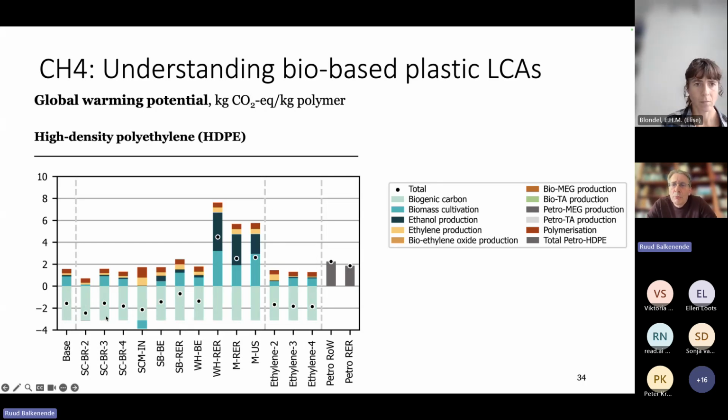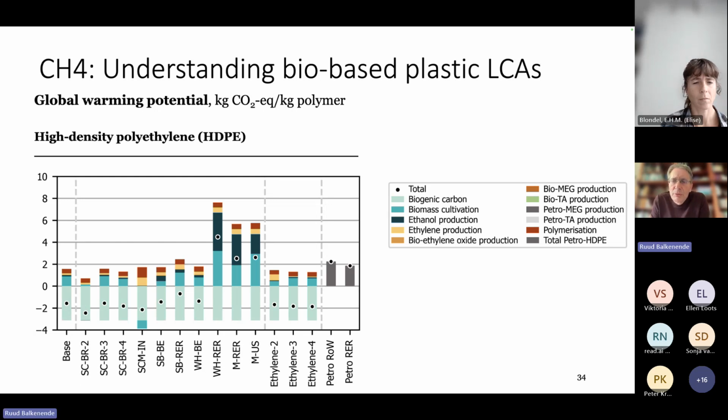The final value is indicated by the dots, and the color bars indicate the effects of crop cultivation and of various subsequent chemical processes that are carried out to fabricate a polymer. And the negative part that you see is due to the sequestering of carbon from the air in the bio-based polymers.